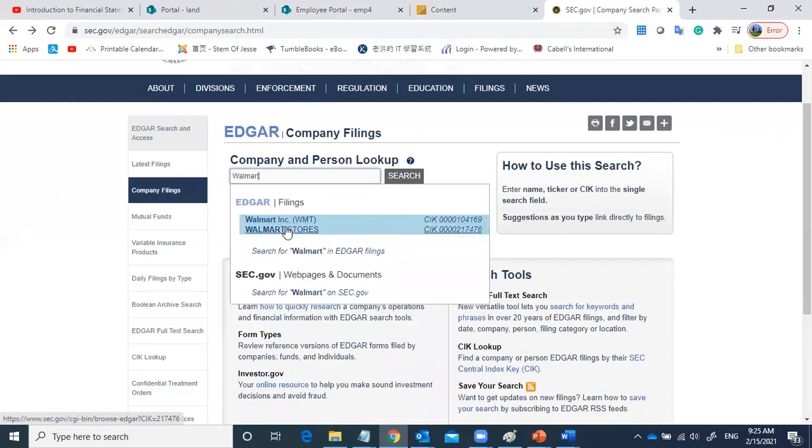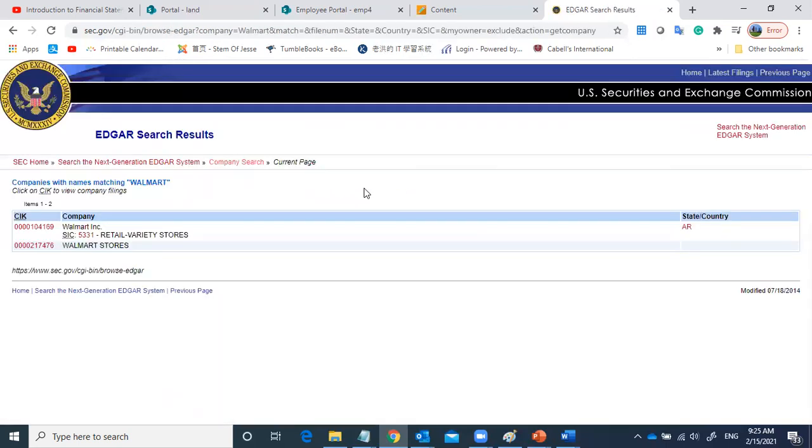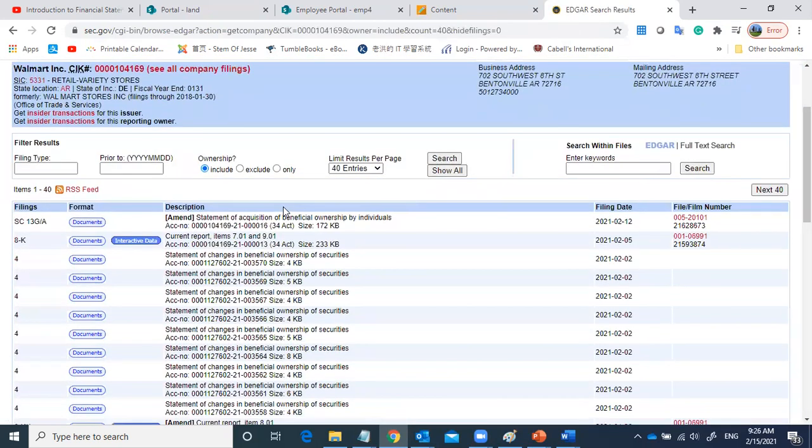We have Walmart Stores and Walmart Inc. So you have two CIK numbers. You click on the CIK number.